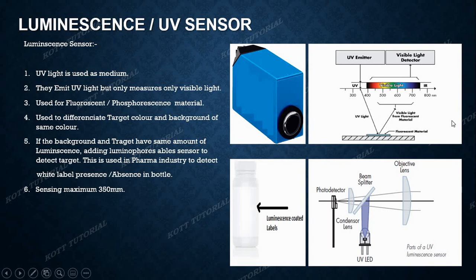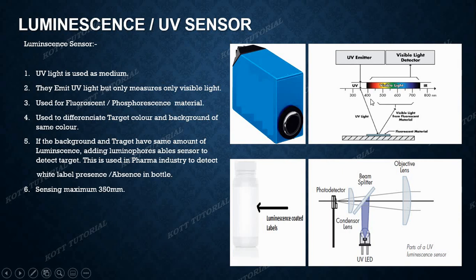Now over here we can see some parts of the UV sensor. There is a photo detector, beam splitter, condenser lens, and objective lens. Over here also we can see a lens. The main function of this lens is to concentrate the received light.